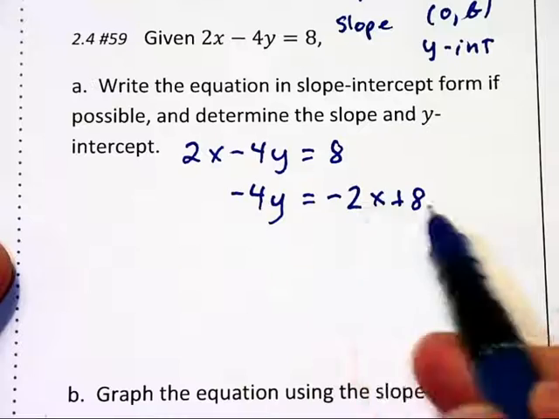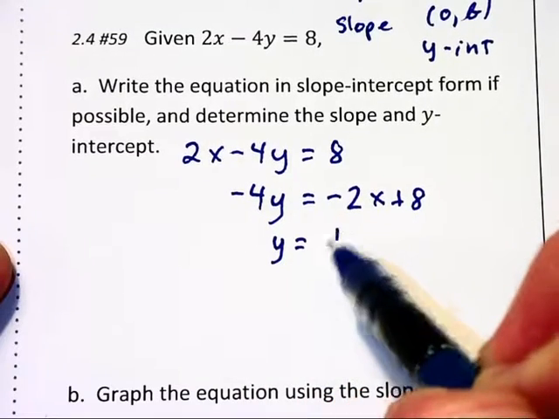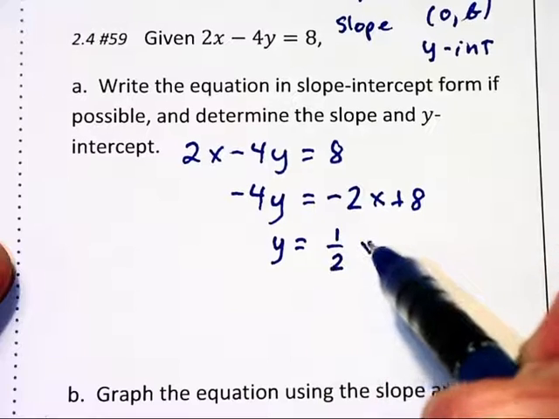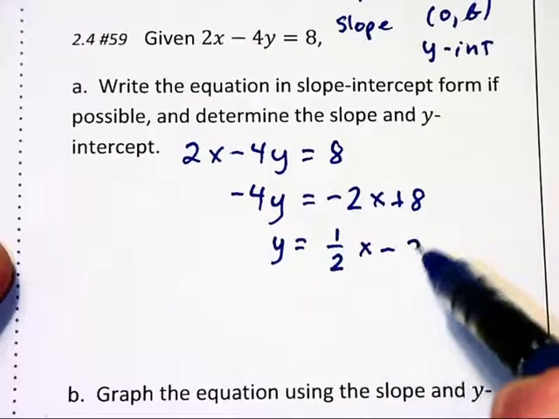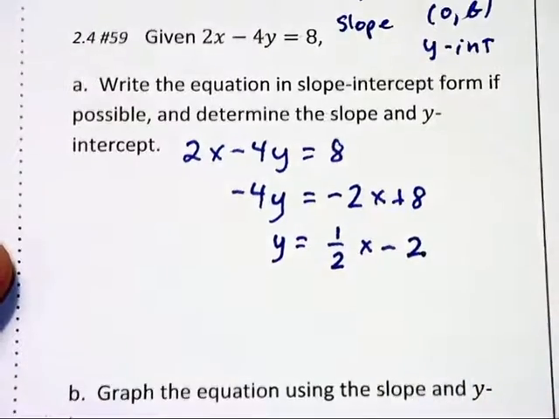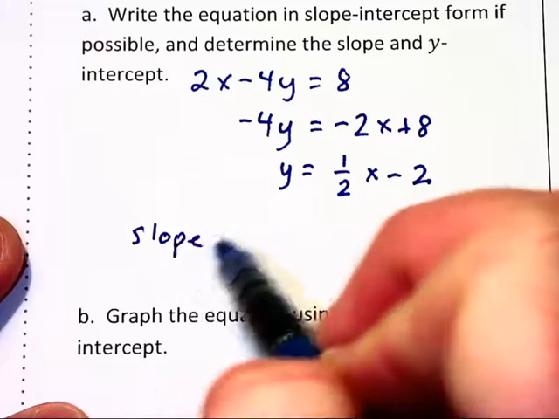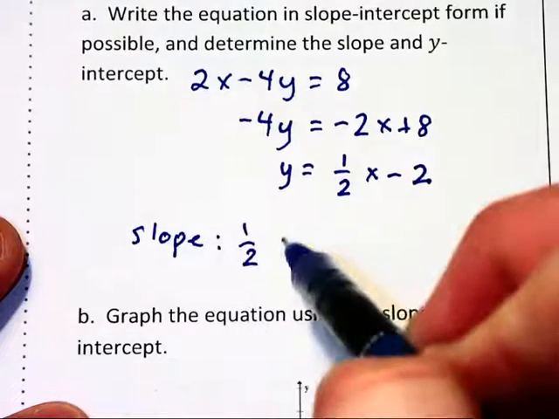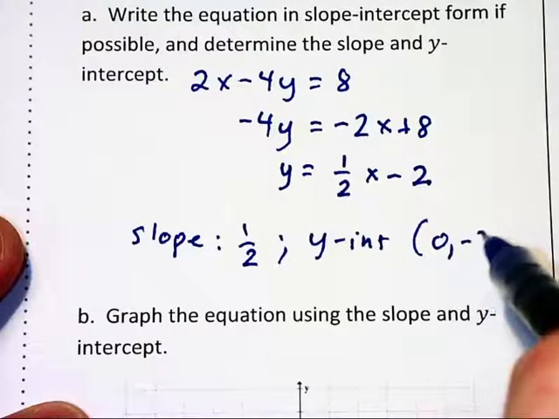Then, dividing each side by negative 4, we now have y equals positive 1/2 x, because negative 2 over negative 4 is positive 1/2, minus 2.